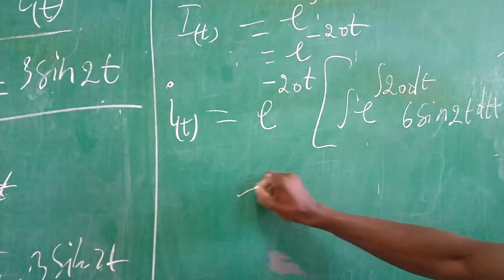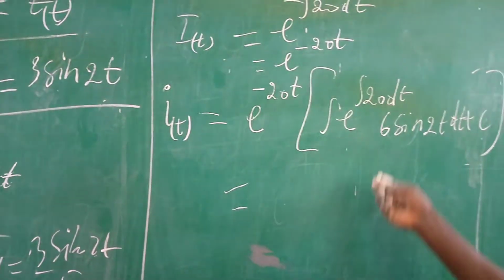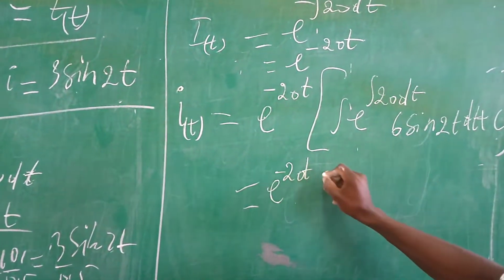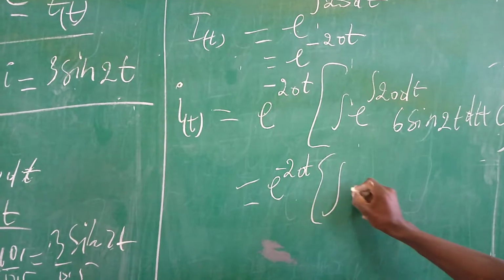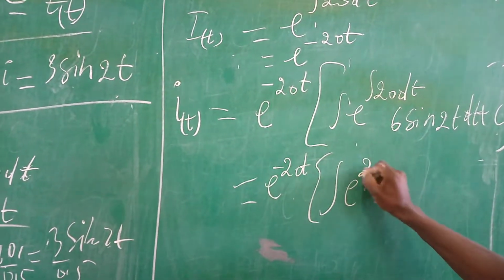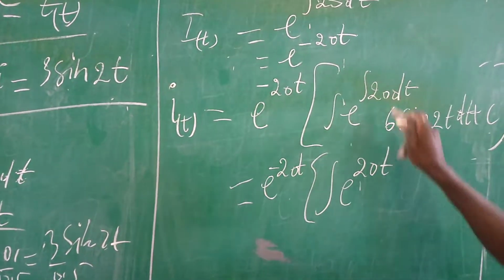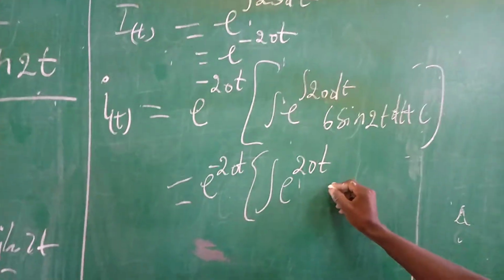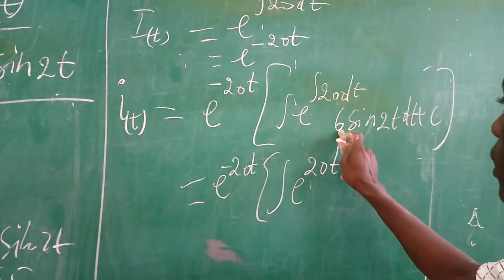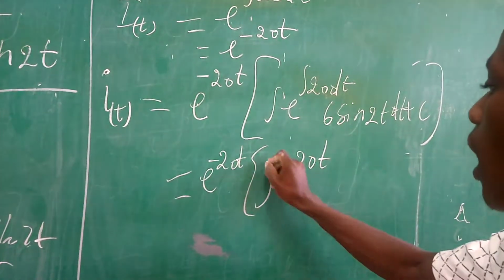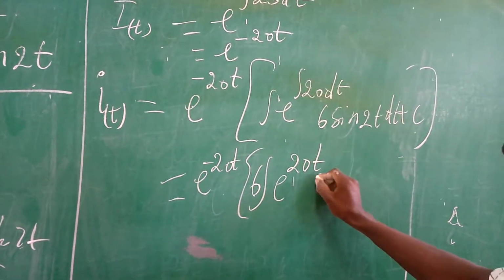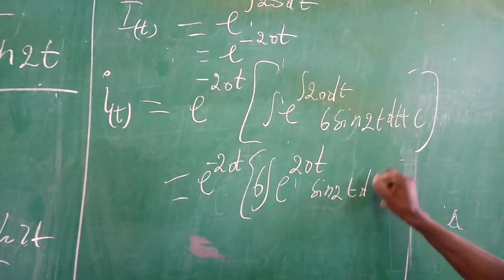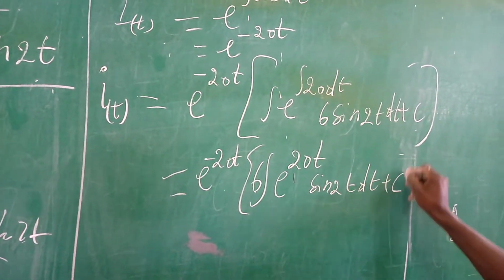Let's just use this: I is equal to e to the power negative 20t times the integral of e to the power 20t, and here we can take this 6 out, and then we remain with sin 2t dt, plus c.